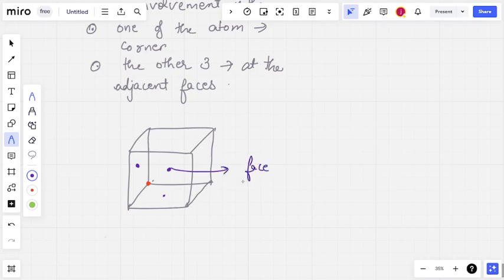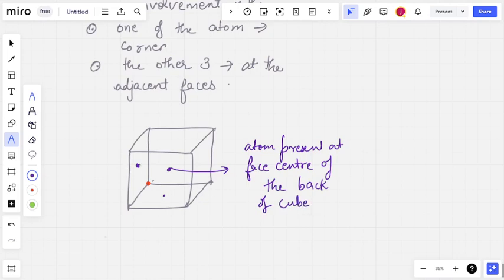Face center atom, atom present at face center of the back of cube. So now if we try to join these 3, this is the tetrahedral void that we will obtain.